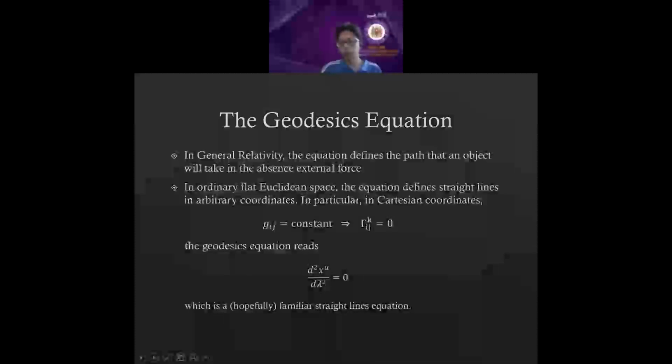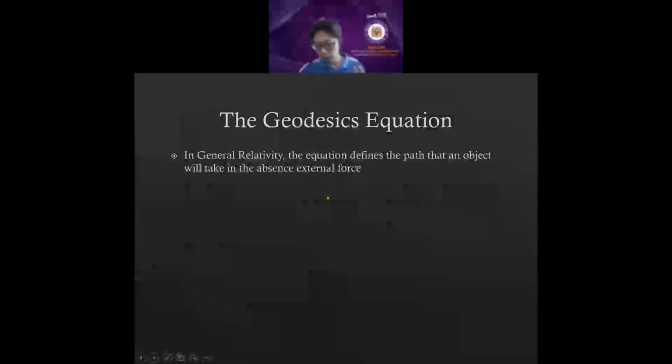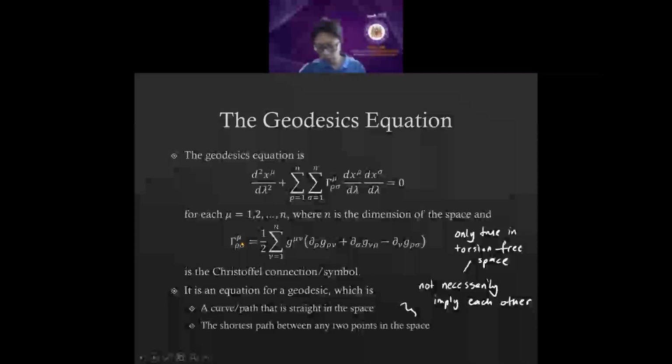How can we see that? If you recall, in ordinary flat Euclidean space, in the Cartesian coordinates, the metric is just a constant. It's just 1 on the diagonals and 0 everywhere else. In particular, because of that, if you notice one thing, this Christoffel symbol consists of derivatives of the metric.